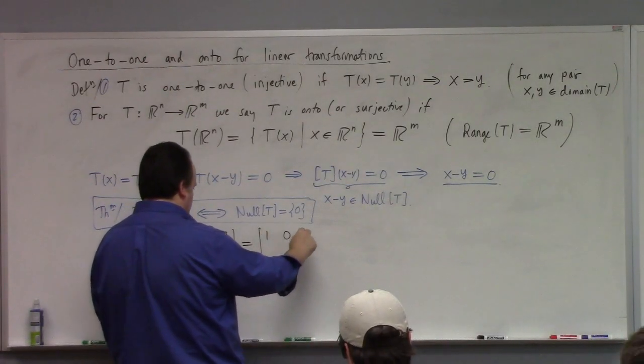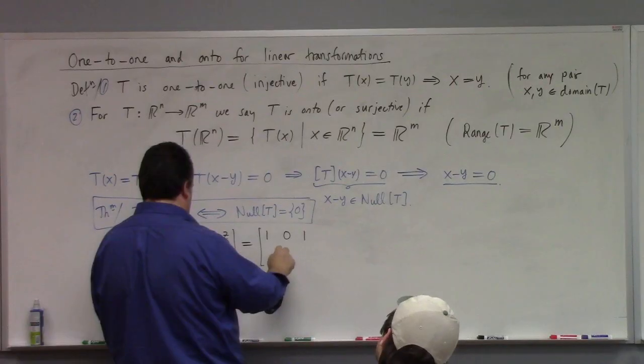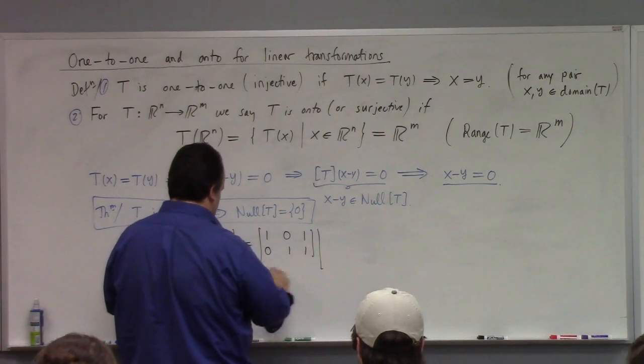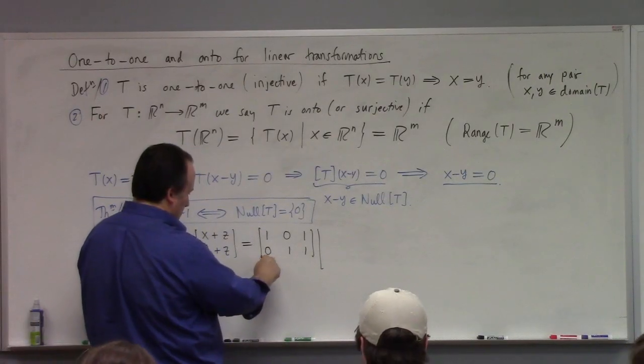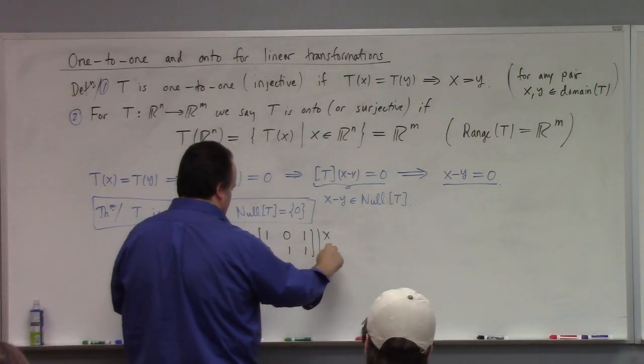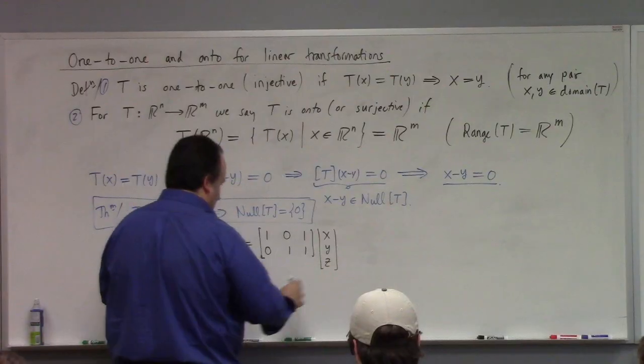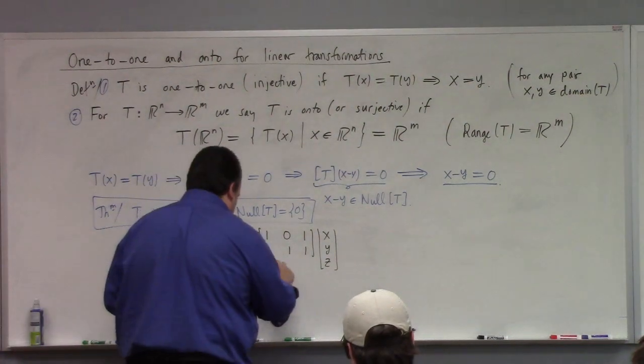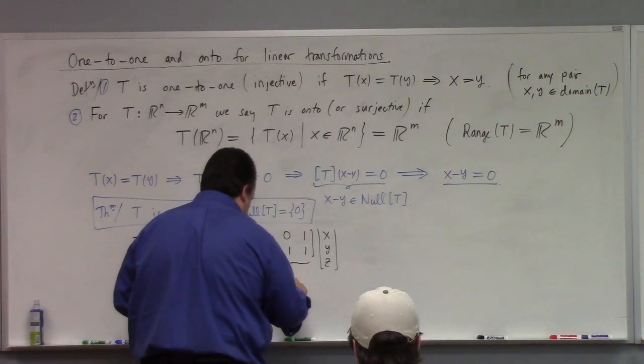One, 0, 1, and 0, 1, 1. Do you guys agree or disagree? So this, of course, is the standard matrix of T.